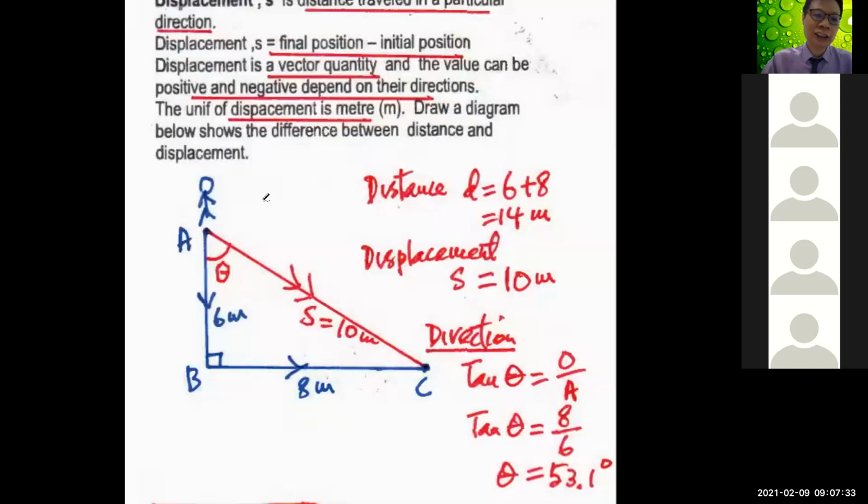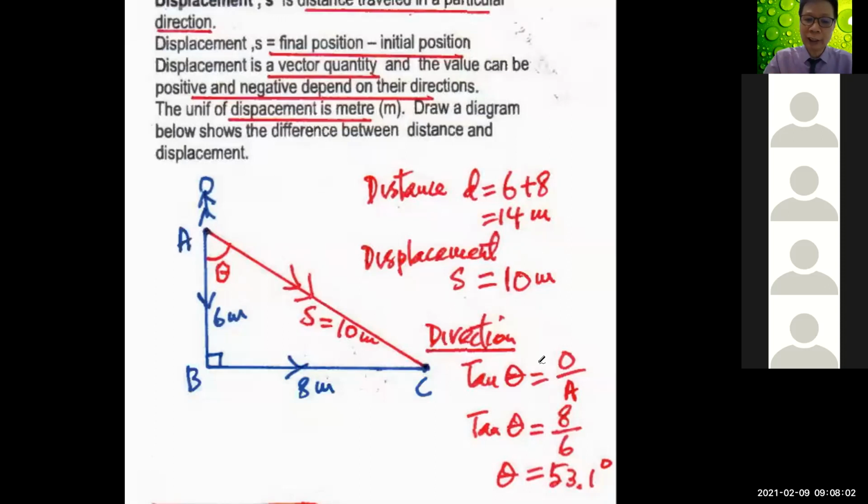So the displacement is 10, and the direction is 53.1 degrees from the line AB. That is the answer for displacement. Digest the answer.